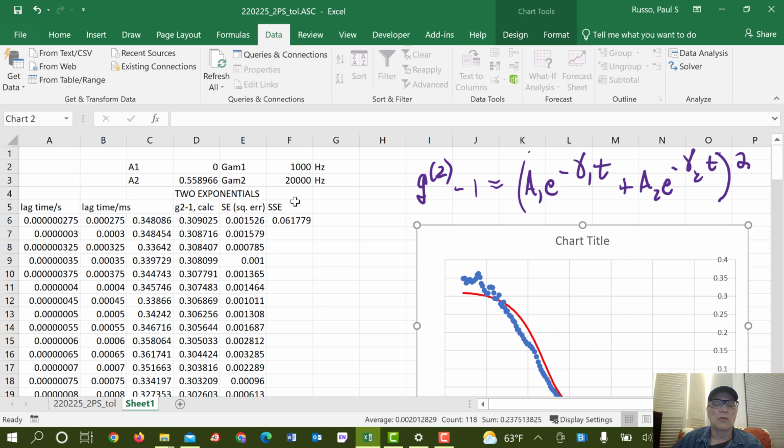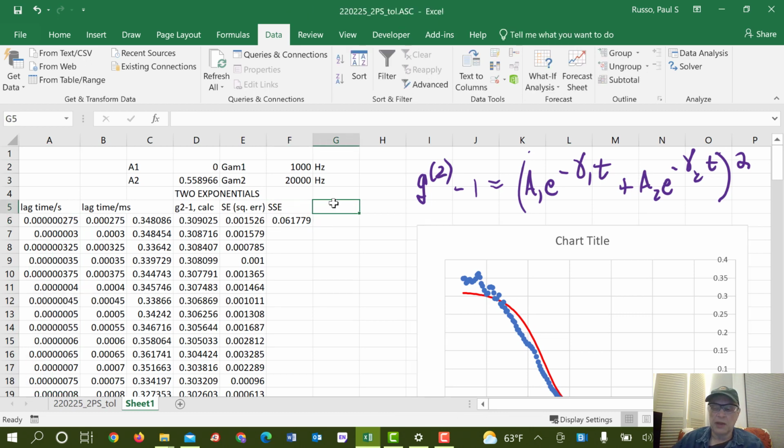Let's just put that here. I guess it's kind of not where it should be. So that's going to be calc minus data. Should have put that in earlier.